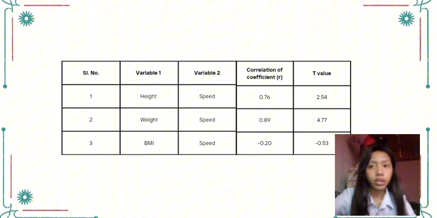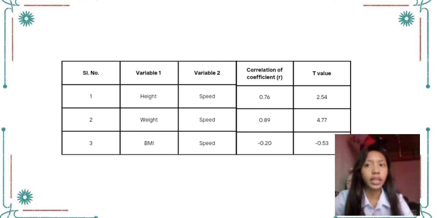For example, the R value of weight and speed performance is 0.89. The calculated t-value is 4.77, which is greater than the critical value 2.571. Therefore, we reject the null hypothesis because there is enough evidence to conclude a statistically significant positive correlation.